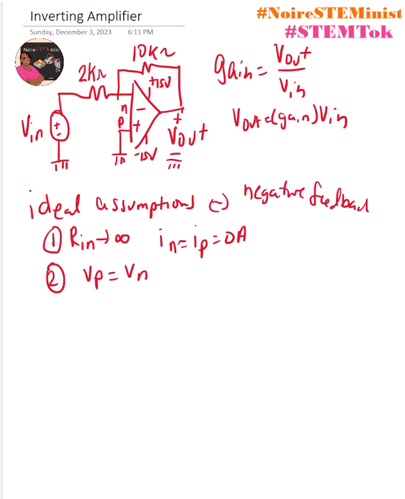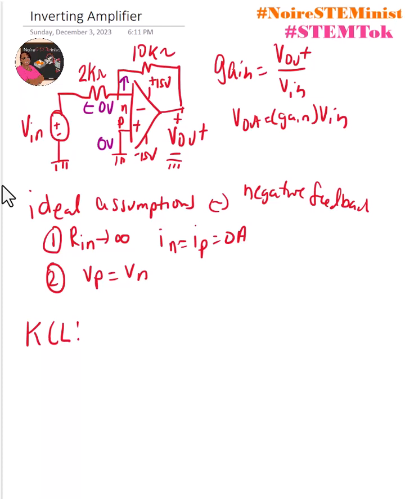So now we're going to use KCL to solve for the gain and the output. We know that the positive terminal is 0 volts. That means the negative terminal is 0 volts. So when we sum the current into and out of the negative terminal, we know nothing goes into the op amp.